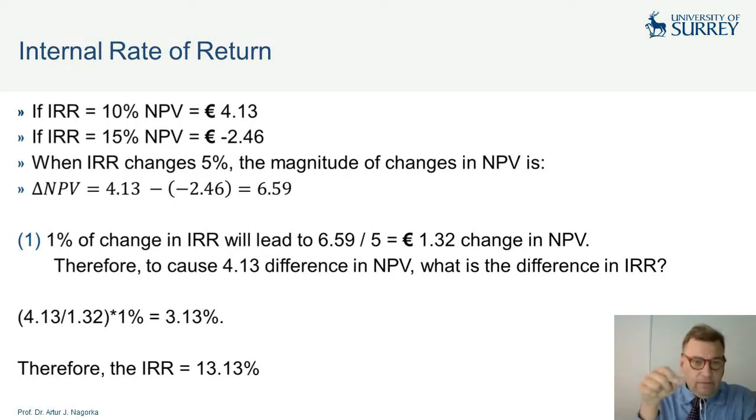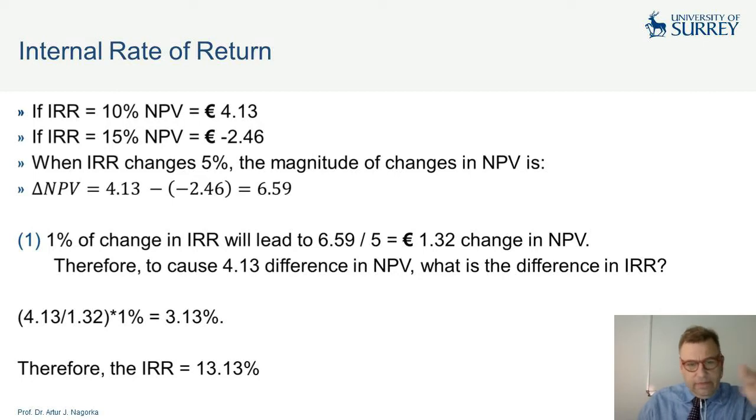Therefore, now we take this 4.13 euro and divide it by 1.32 and multiply by percentage, because we try to find the percentage points. By doing this calculation, we arrive at 3.13.